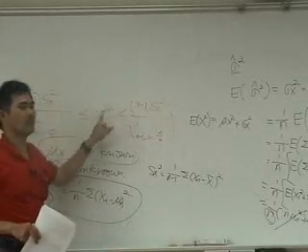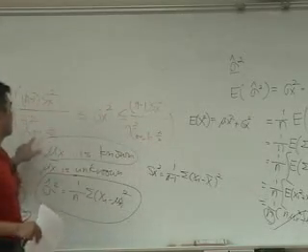The degrees of freedom is equal to n minus 1.